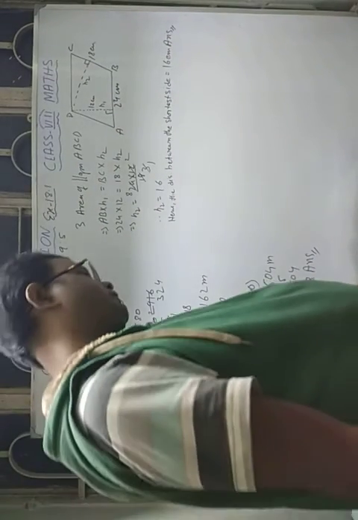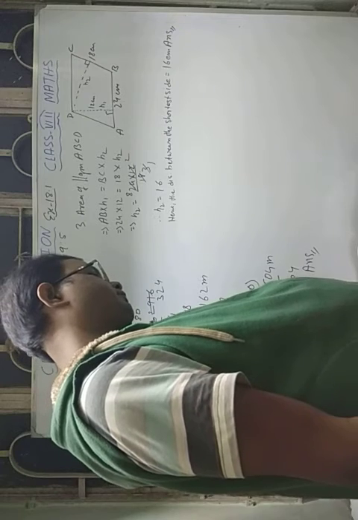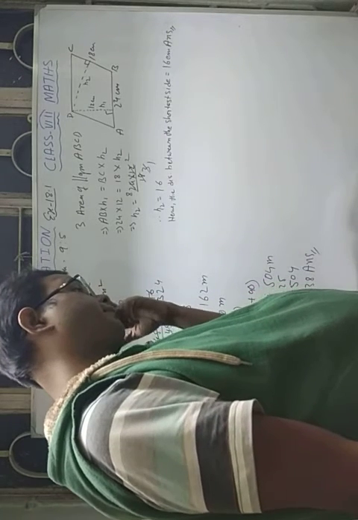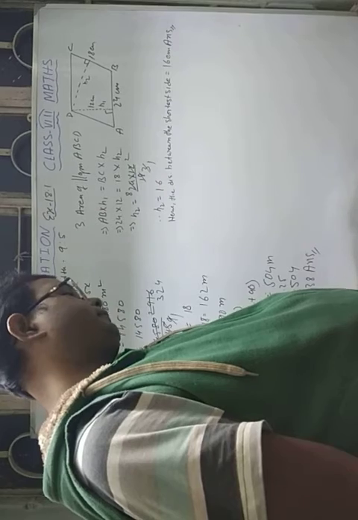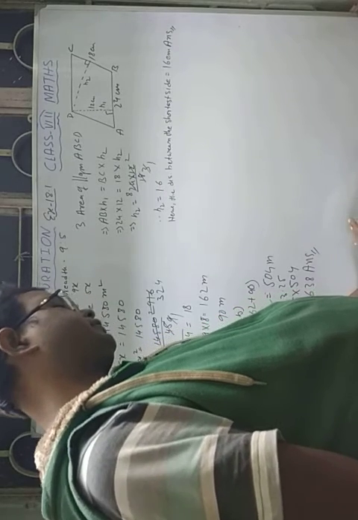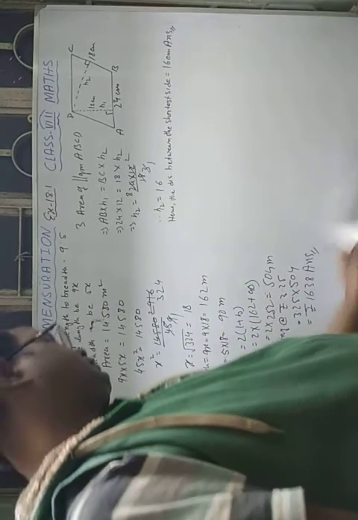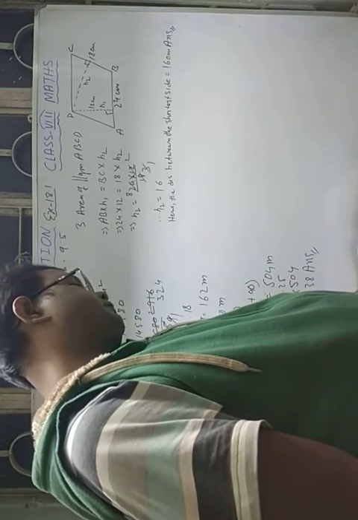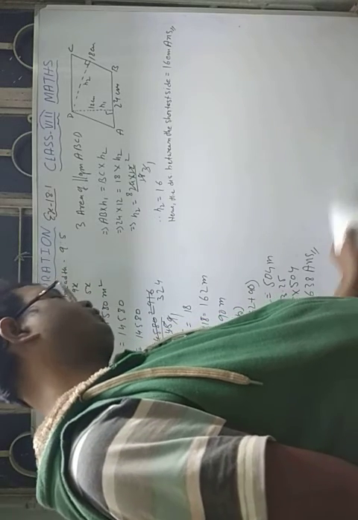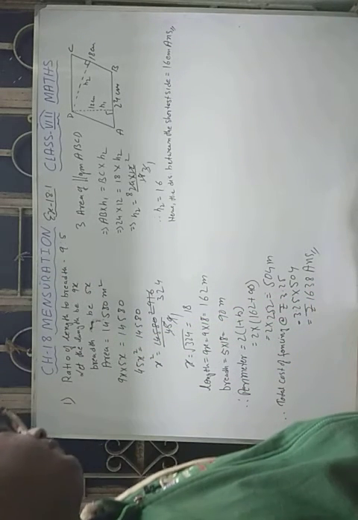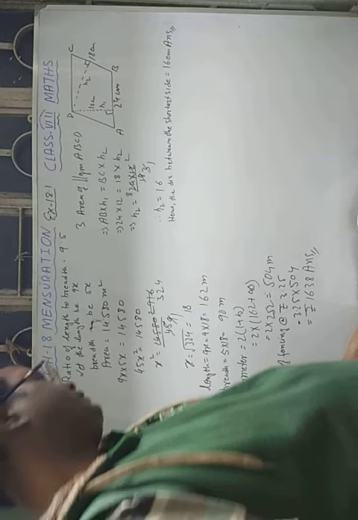Next, another question I am going to do, that is question number 6. An ant is moving around food pieces of different shapes in this figure. You have to find which food piece the ant takes the longer round around, means you have to find the perimeter of each figure. The first one is the semicircle.